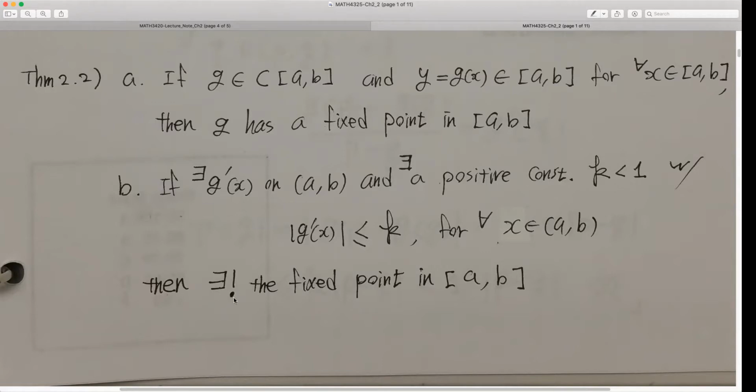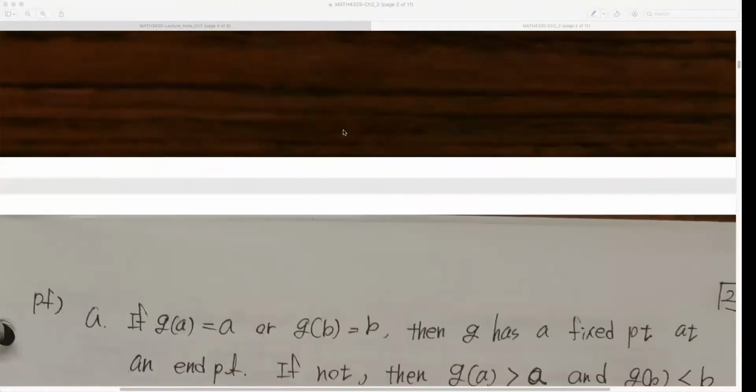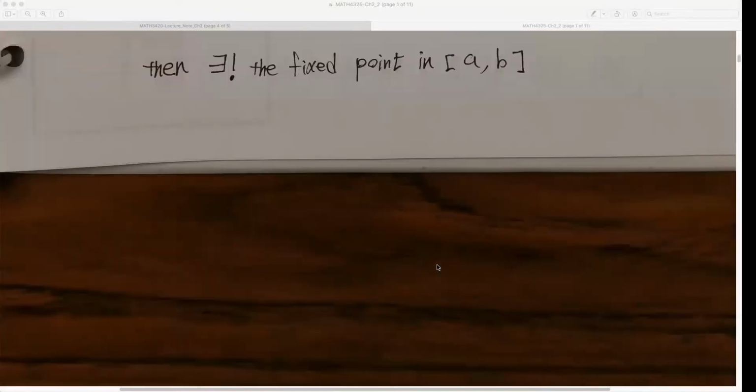The exclamation mark means unique. So we'll see the proof.